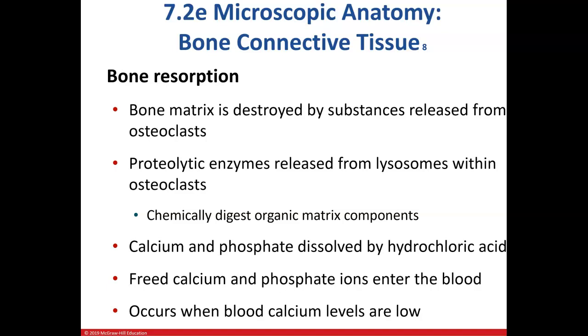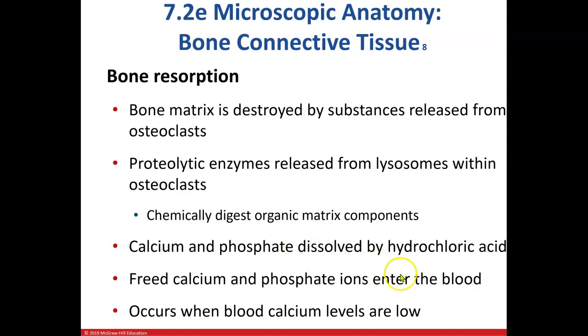We've talked about bone resorption, the opposite of bone deposition or bone formation. And bone resorption occurs through the activity of those osteoclasts. So those osteoclasts are going to release some proteolytic enzymes that are contained within the osteoclasts, and those enzymes digest away the organic matrix components of bone.